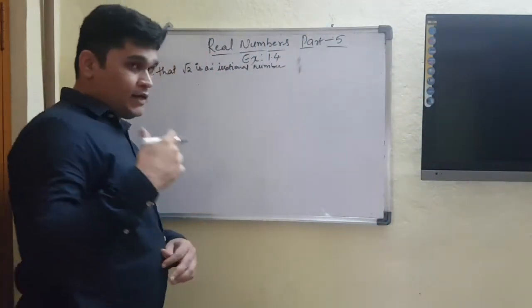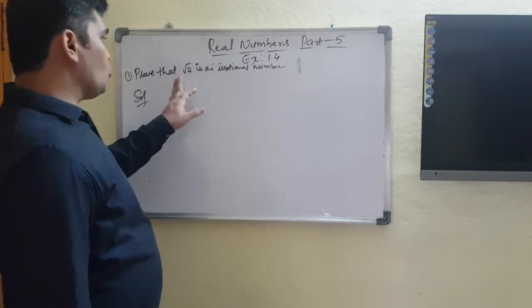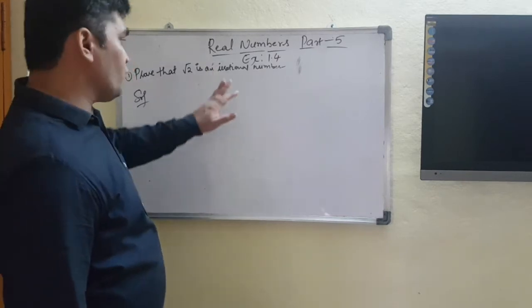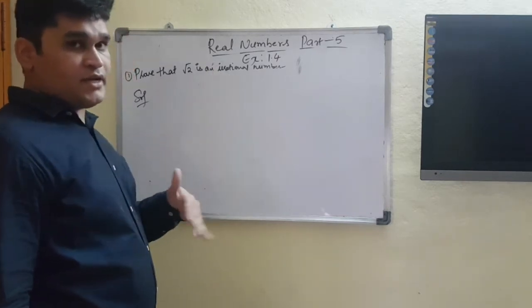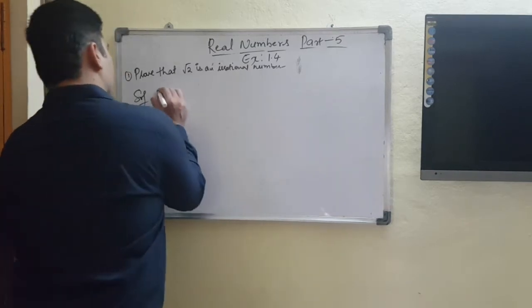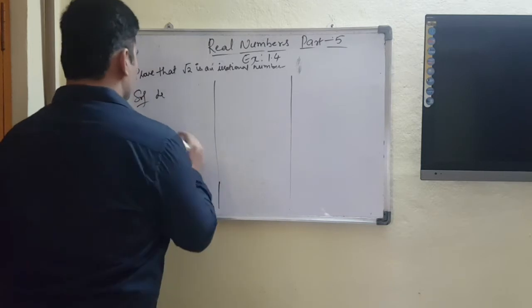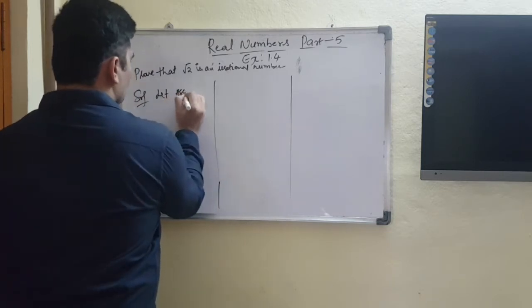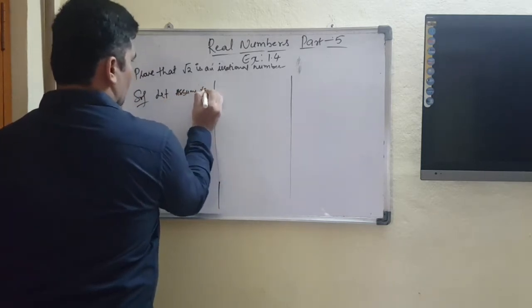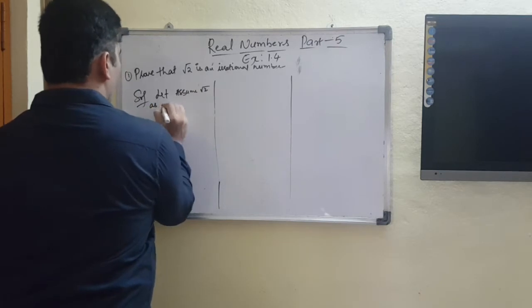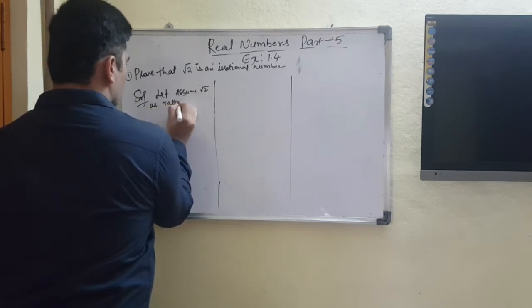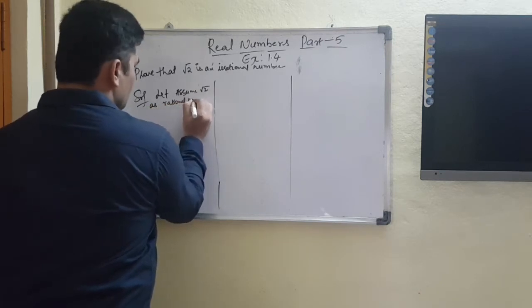Now, let us assume that root 2 is a rational number. Instead of irrational number, let us assume it's a rational number. Let us assume root 2 is a rational number.